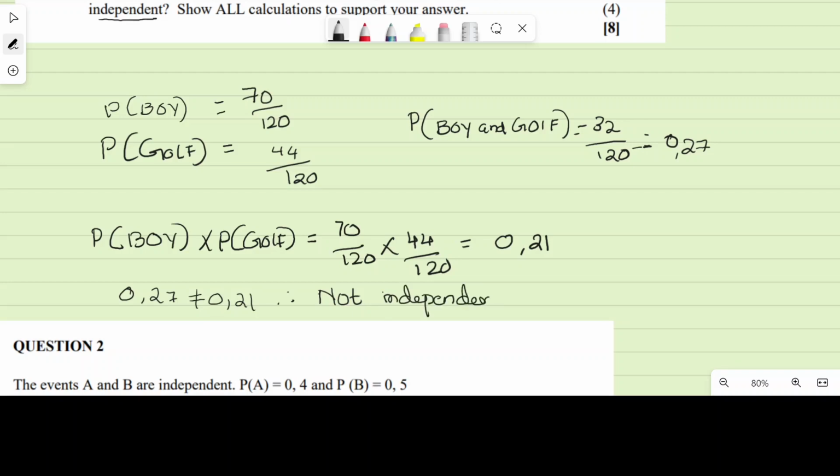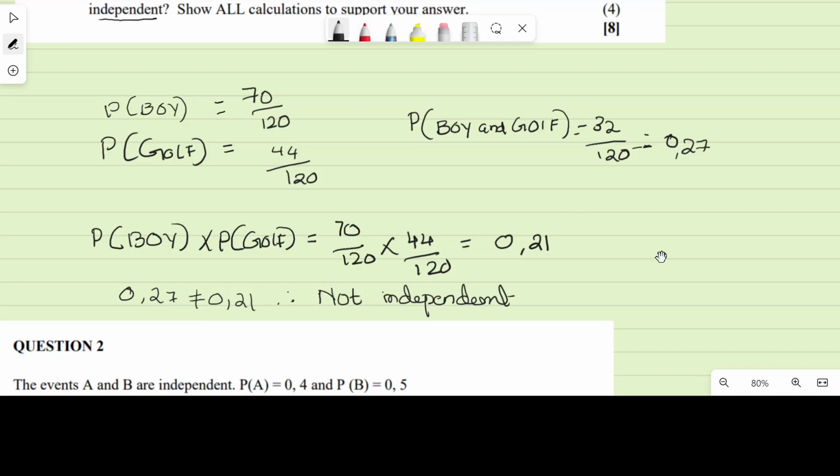That's our conclusion. If you get the same values in these two, then you will say they are equal, that is, the probability of being a boy times the probability of playing golf equals the probability of boy and golf. Then they are independent. Now they are not equal, so they are not independent. The question says show all your calculation to support your answer. So these are the calculations that you show to support your answer. 4 marks.